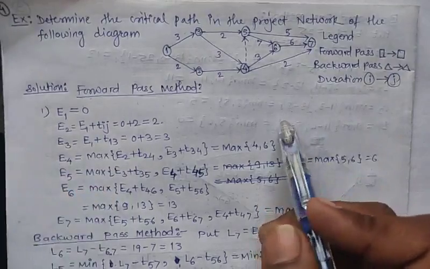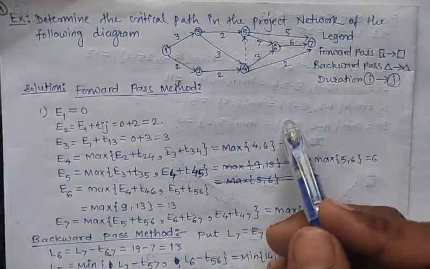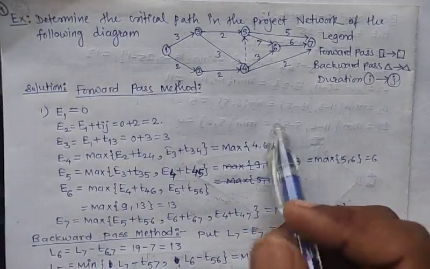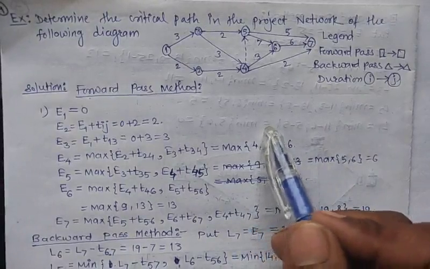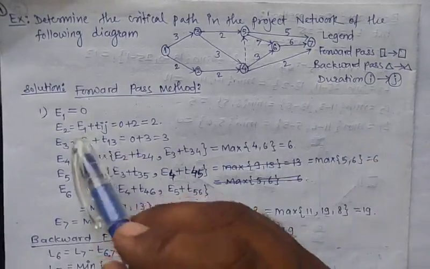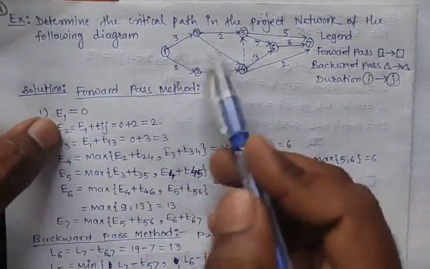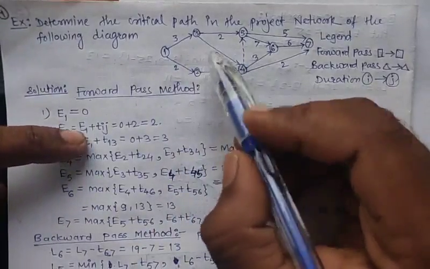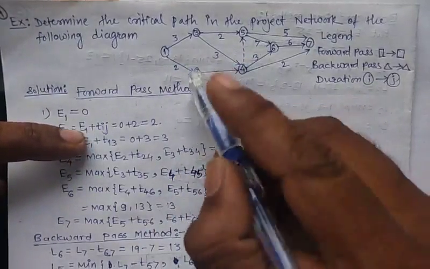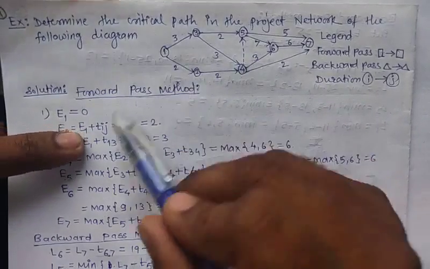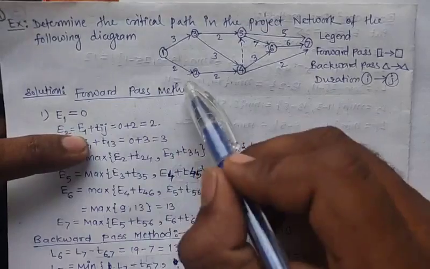Now to find the critical path and its time duration, how do we calculate? First use the forward pass method and second use the backward pass method. Initially set E1 equal to 0 for the given diagram. Now to calculate E2, there is only one incoming arrow, from E1, so we get E1 plus T12.